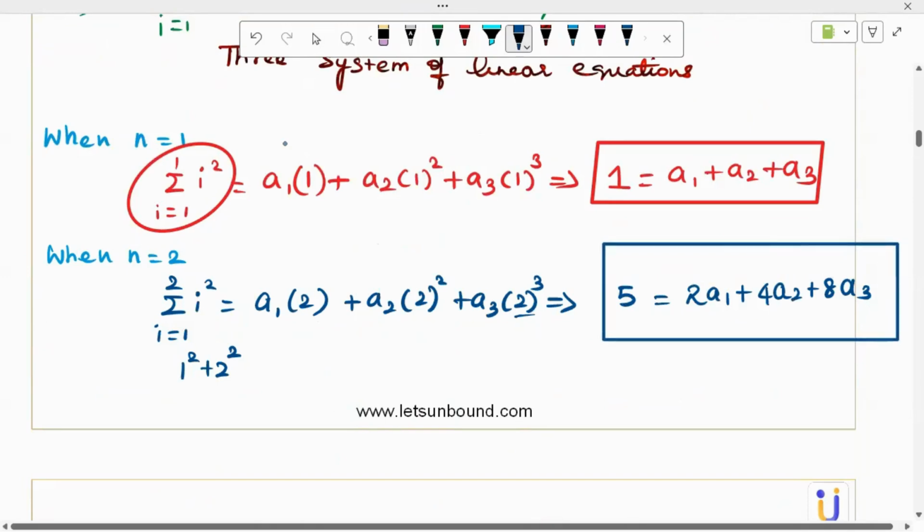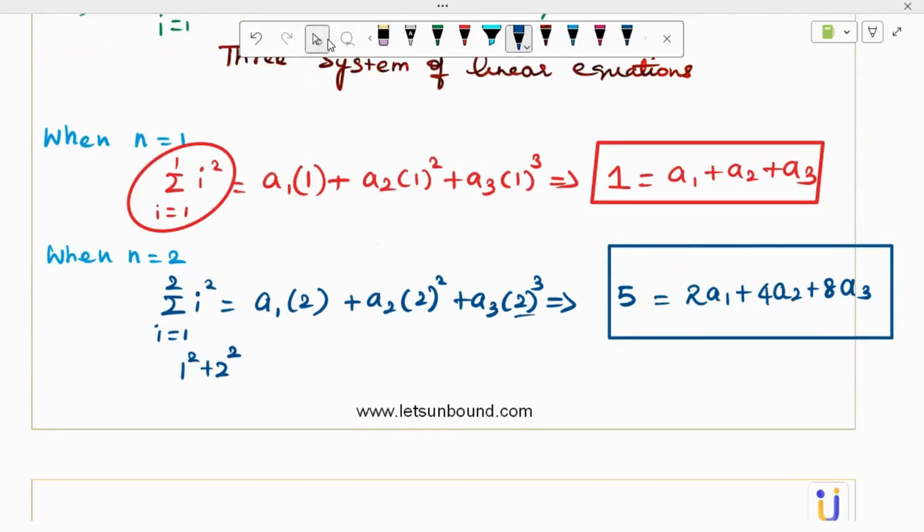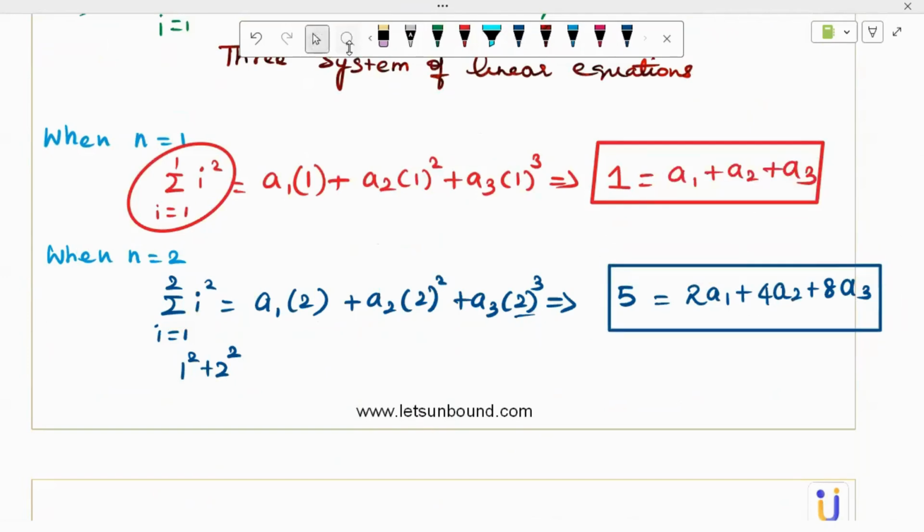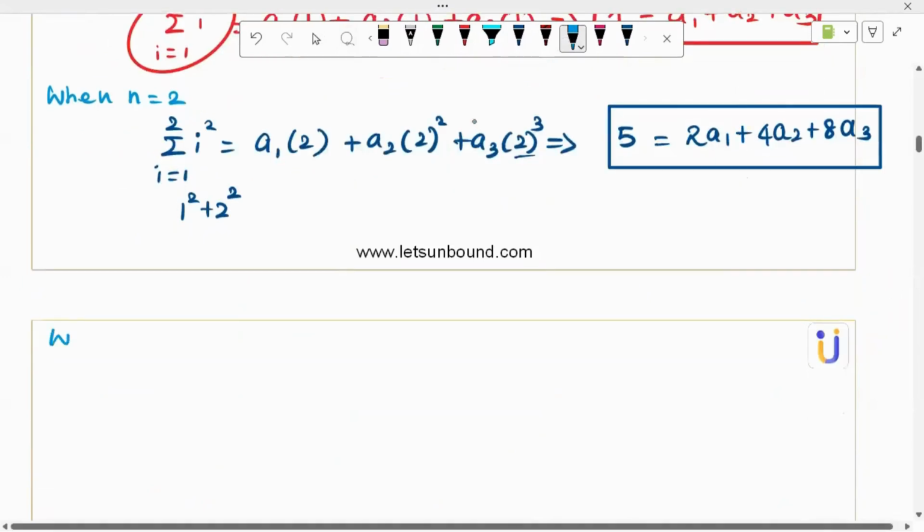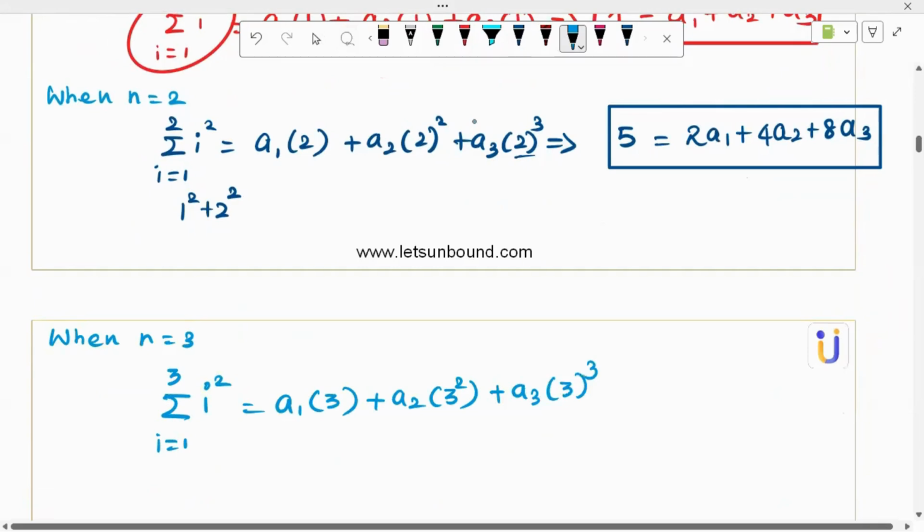3 system of linear equations we need to form here. Let's go. Okay, the last case, when n is 3, what happens? When n is equal to 3, sigma i equals 1 to 3 i square equals a1 3 plus a2 3 square plus a3 3 cubed. What happened to this when I simplify?